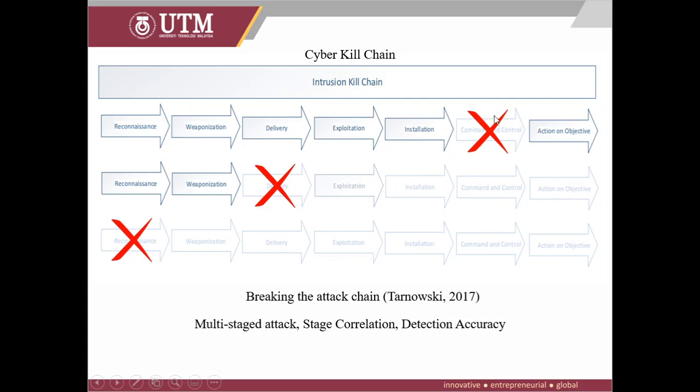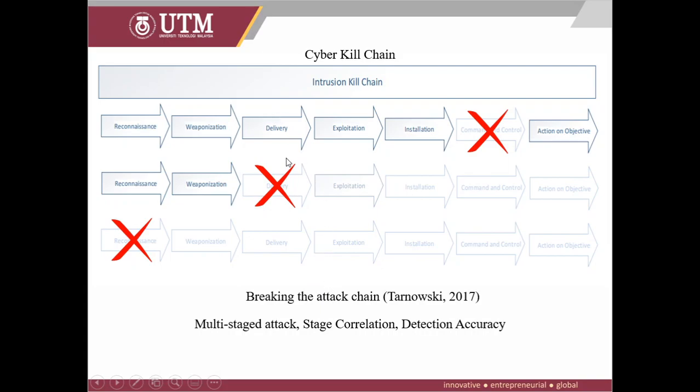Now, why is this important? In order to detect APT, or to prevent APT from destroying the assets or achieving its objective, we need to break the chain. We need to break the attack chain of APT.